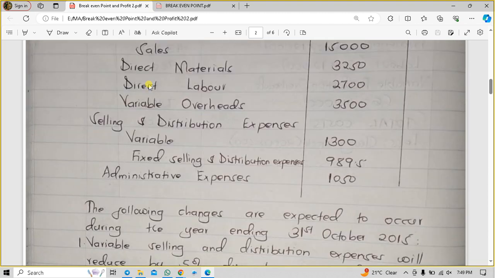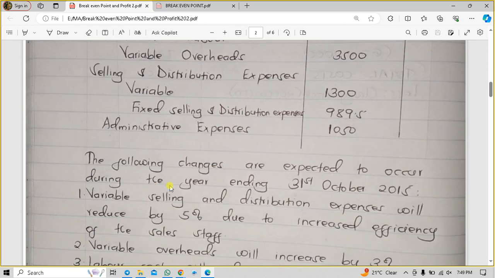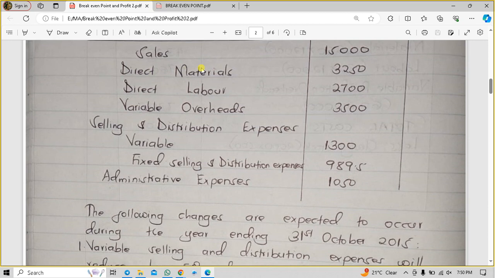But we must factor in the expected changes. Variable selling and distribution expenses will reduce by 5%. But you can start with the direct materials.